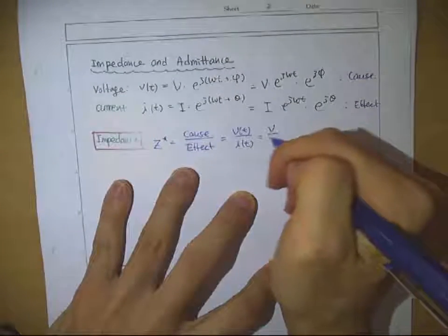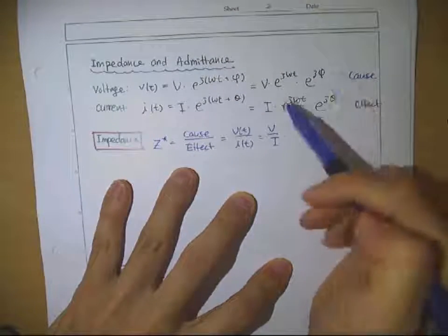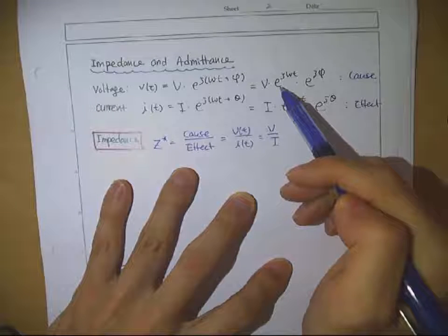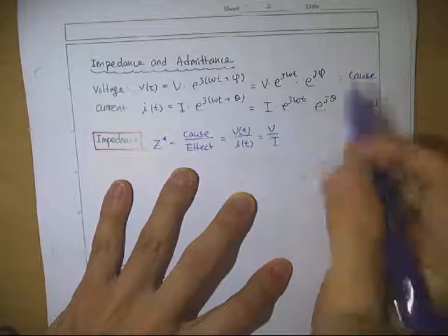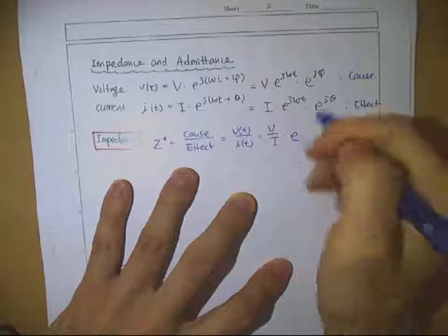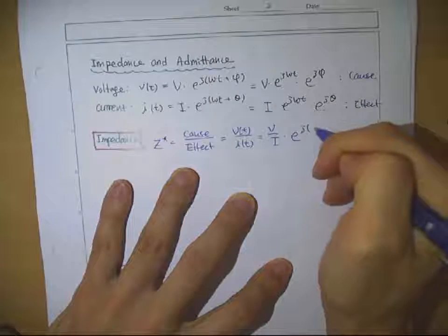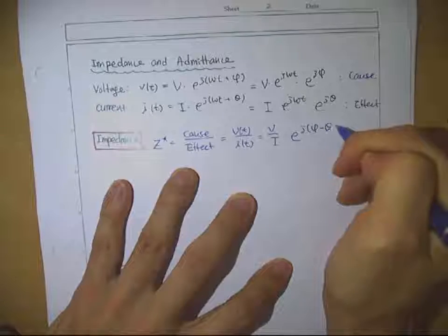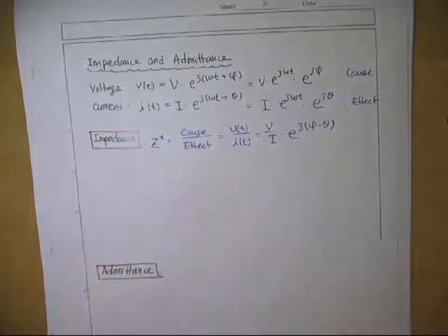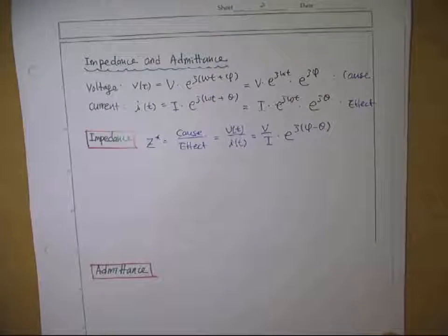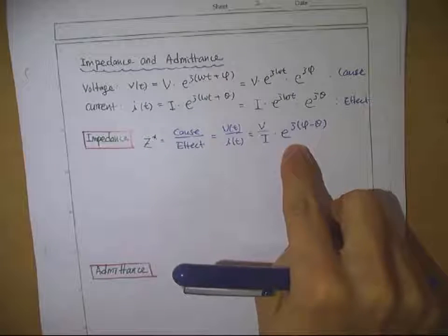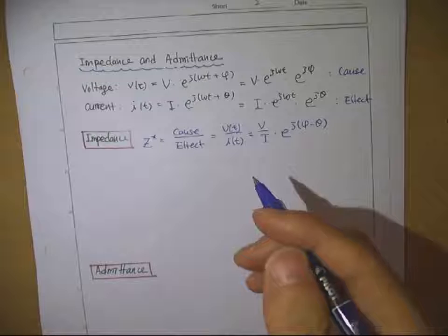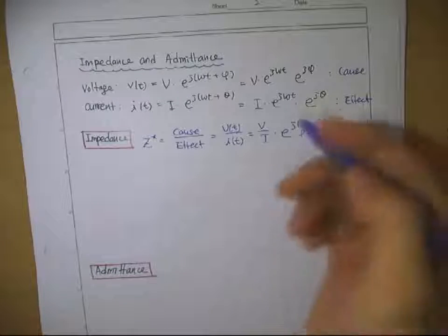V over I times the exponential function of j omega t will be cancelled. So you have e to the j times phi minus theta.